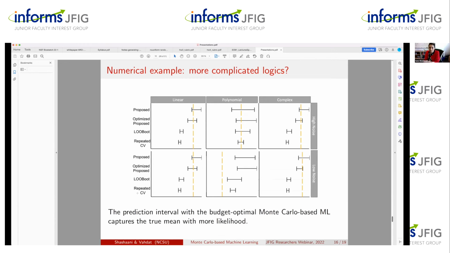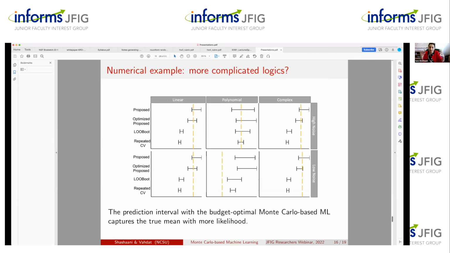I'm changing the stochastic noise level to see if that matters. On the y-axis, the first two choices are the ones using the Monte Carlo based machine learning, so you have the biases that I was talking about incorporated. You can see the prediction interval is wider, but because of this correct quantification of bias, I am indeed able to cover the true value in my prediction interval, right?